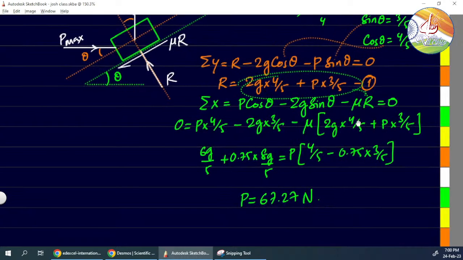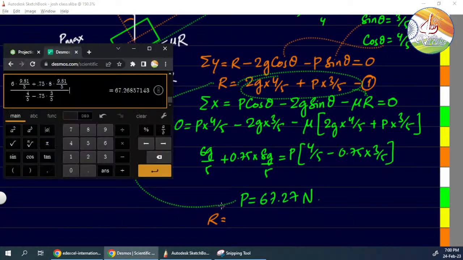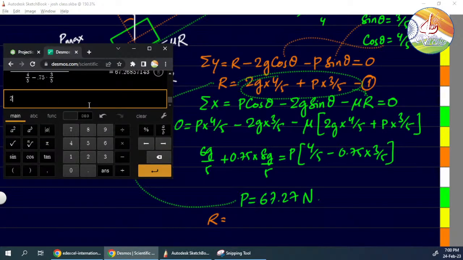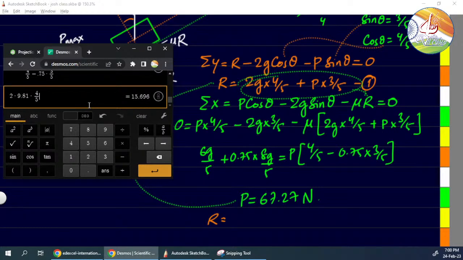This value, if you substitute, you will get the value of R. So R equals, substitute the P value: 2 into 9.81 into 4 by 5, plus P value 67.27 into 3 by 5, correct?